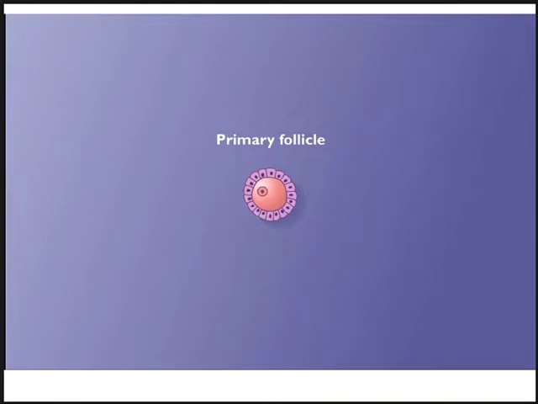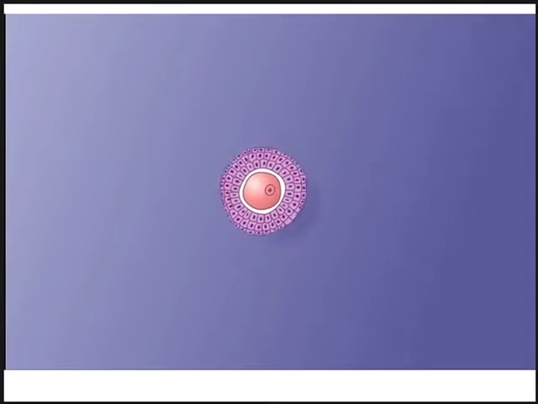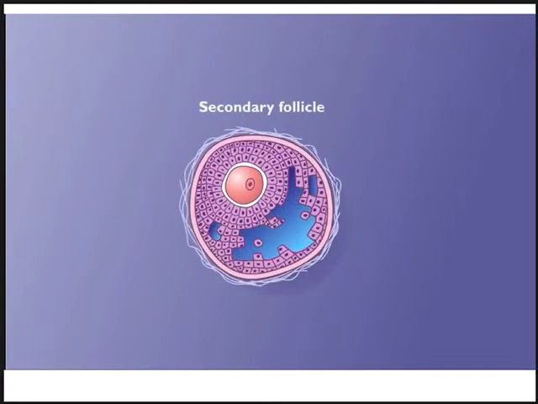The primary follicle enlarges and the granulosa cells form more than one layer. The zona pellucida forms around the oocyte. The structure is called a secondary follicle when fluid-filled vesicles develop among the granulosa cells and a well-developed capsule, or theca, becomes apparent around the granulosa cells. The theca possesses internal and external layers.